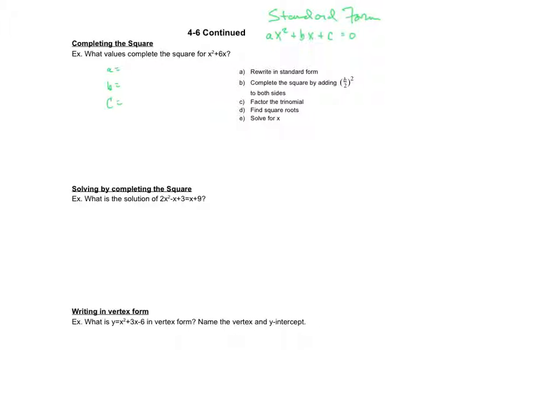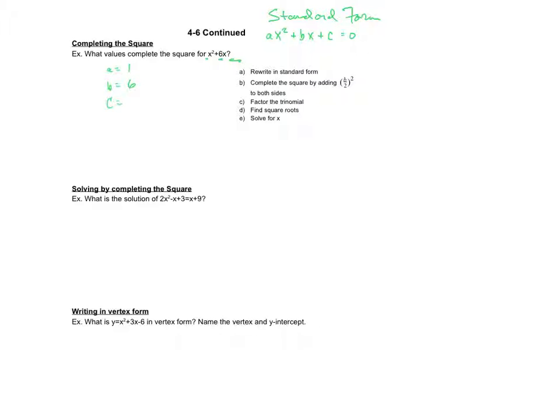Okay, so looking at the standard form of a quadratic equation, we have ax squared plus bx plus c equals 0. So here, that's what we're going to look at when we're completing the square. Look over here, the value of a is 1, the value of b is going to be 6, but we do not know the value of c right now, and that's what we're trying to calculate to complete the square. So we're going to rewrite it in standard form.